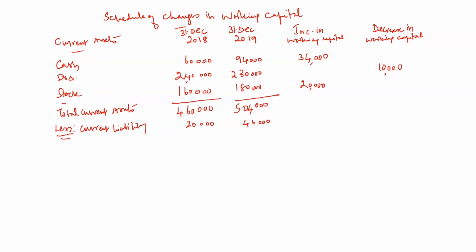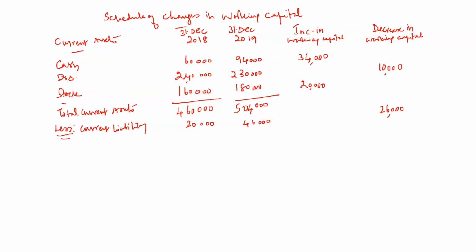Increase in current liability means decrease in working capital. So to the extent of 26,000, the difference is 26,000. I am just entering it as part of the decrease column because you are getting more credit.